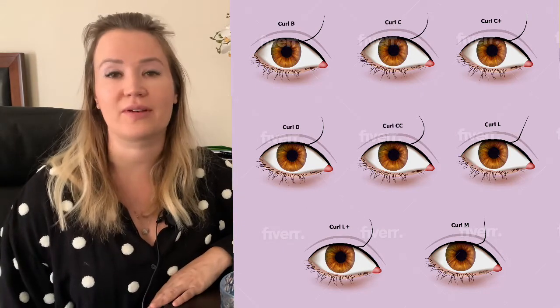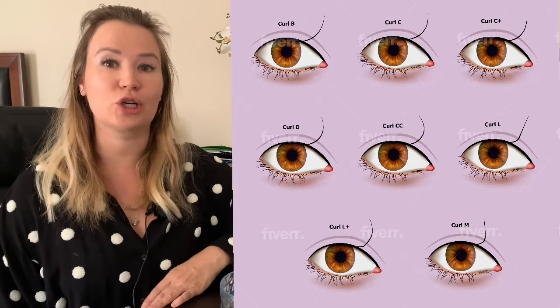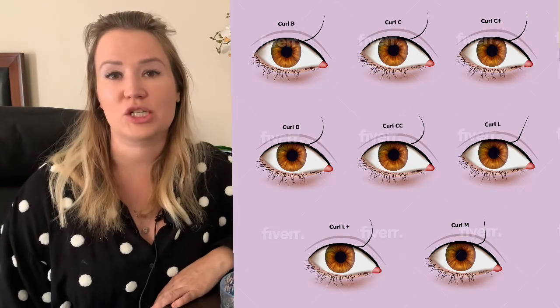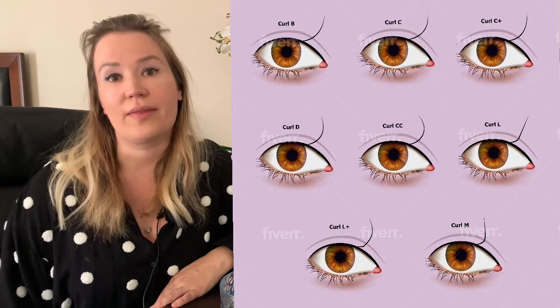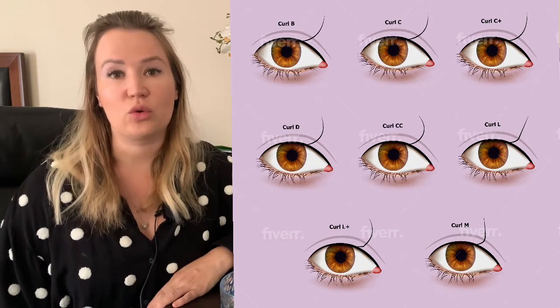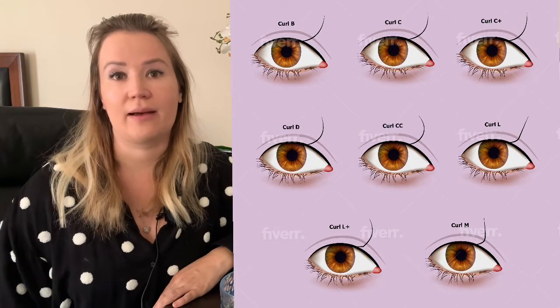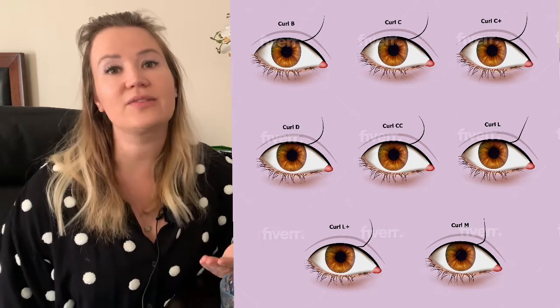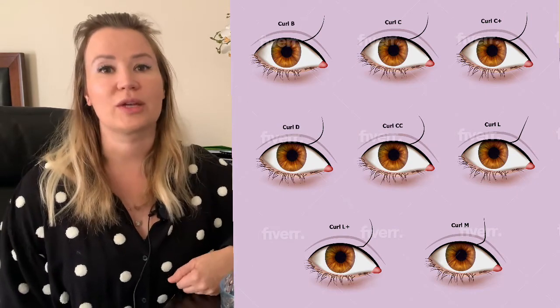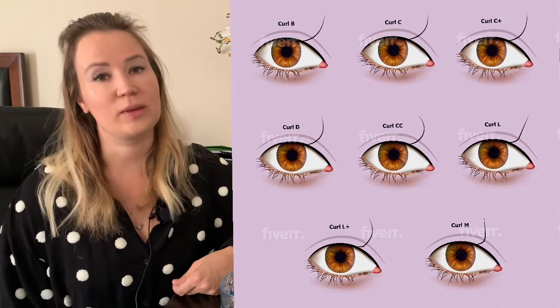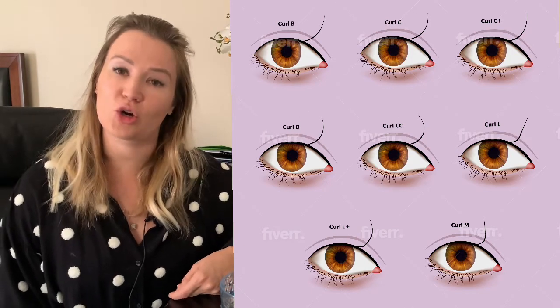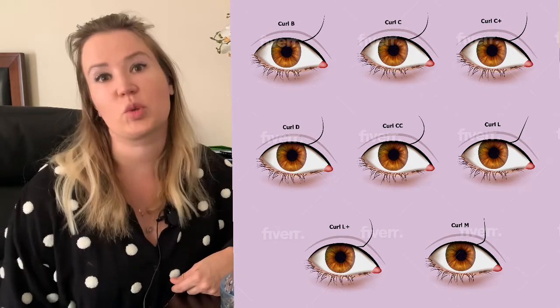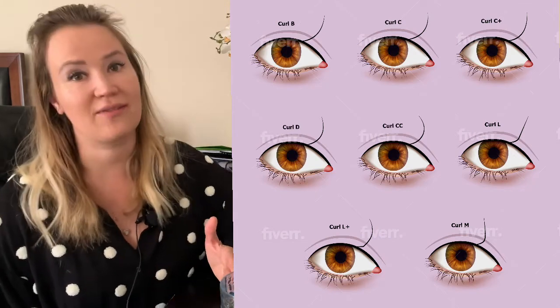Like, for example, if a client wants a very natural look and their lashes are straight, are you going to use an L curl, which gives a lifting effect? However, it can also be natural, but then you can also pick B curl or C curl, which will be even more natural and will not have that lifting effect.